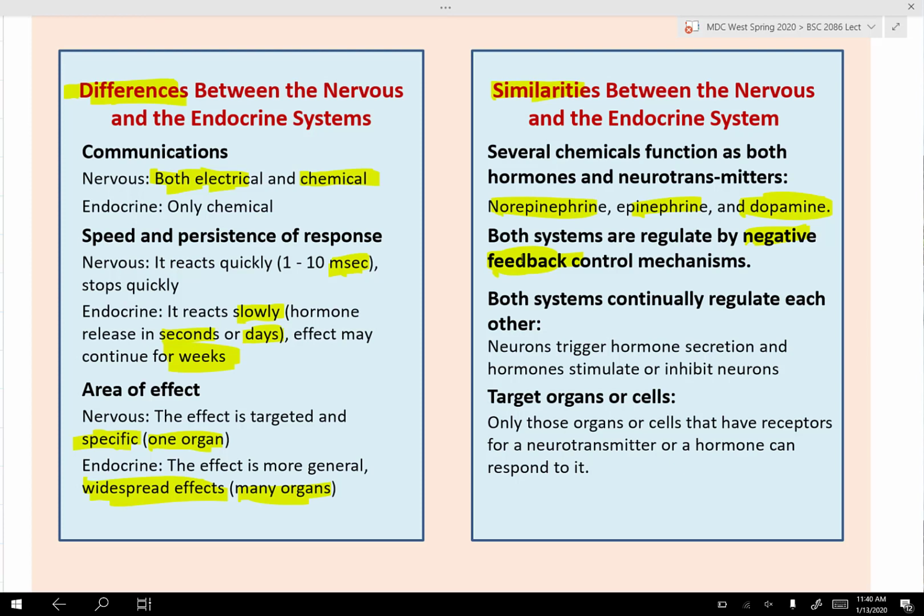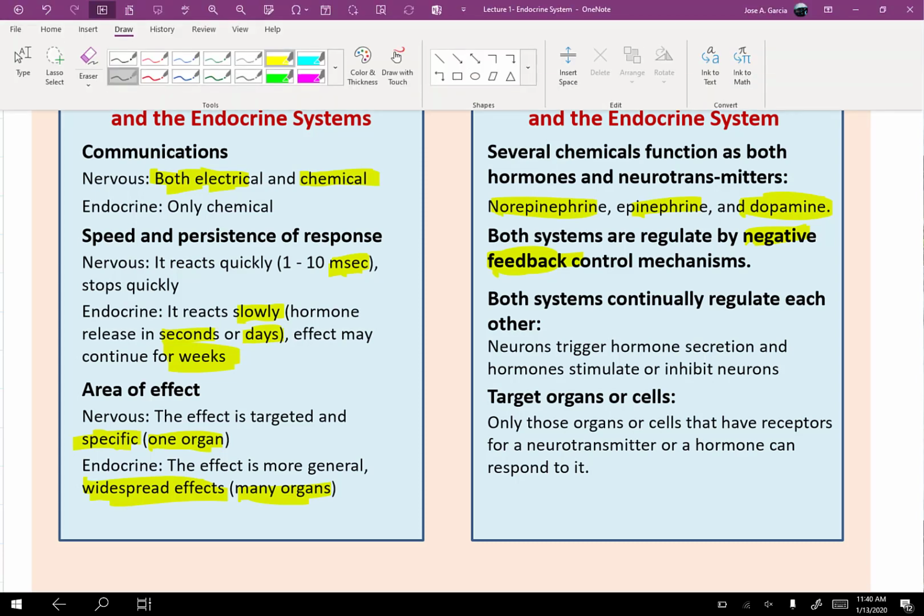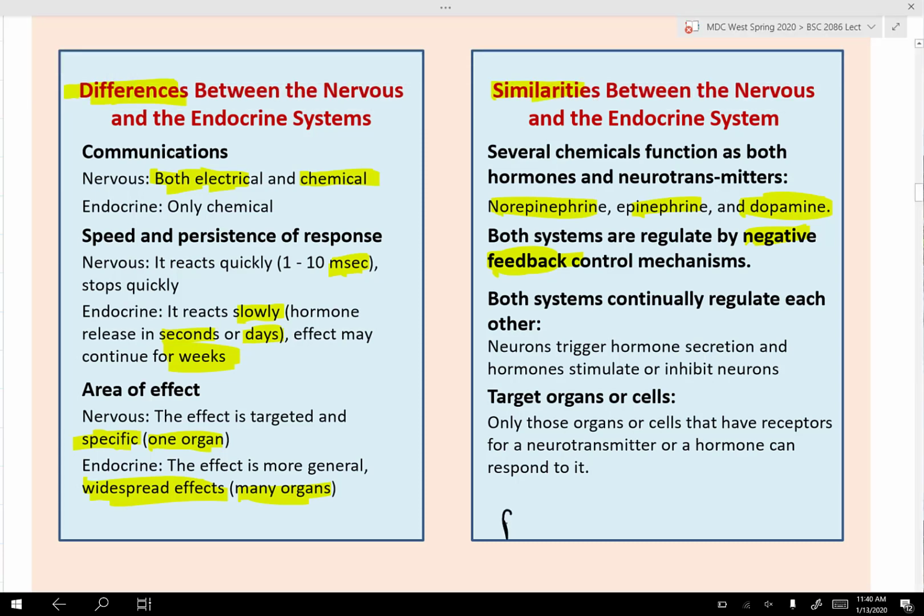In other words, if your blood pressure, let me just do a little example here. If your blood pressure is high, what do you want it to be? Low? How many of you would like your blood pressure low? How many of you would like it high?